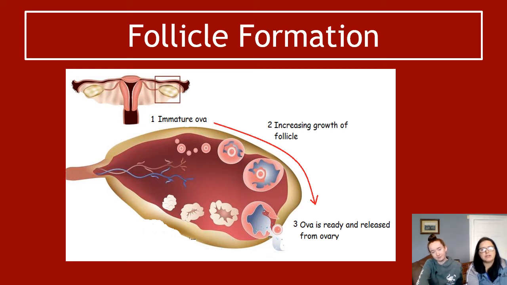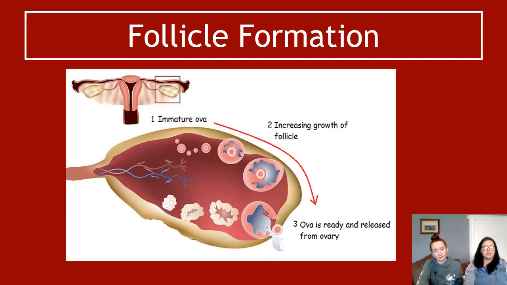What will happen is it starts to grow and form the structure around the outside of it, which is the follicle. So the follicle starts to grow. We've still got our little ova on the inside of that structure. Okay, as the follicle then grows and grows, eventually it ruptures and is released from the ovary. And that rupturing, that bursting out and saying, hello world, that's called ovulation.